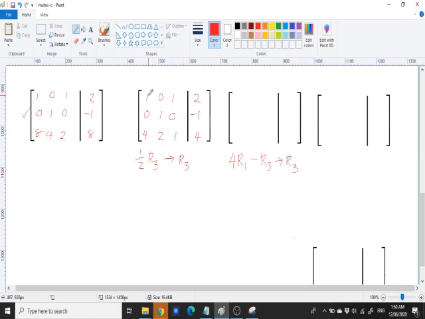So 4 times 1 is 4, minus 4 is 0. 4 times 0 is 0. Minus 2 is negative 2. And then 4 times 1 is 4. Minus 1 is 3. 4 times 2 is 8. Minus 4 is 4. So everything else is copied.